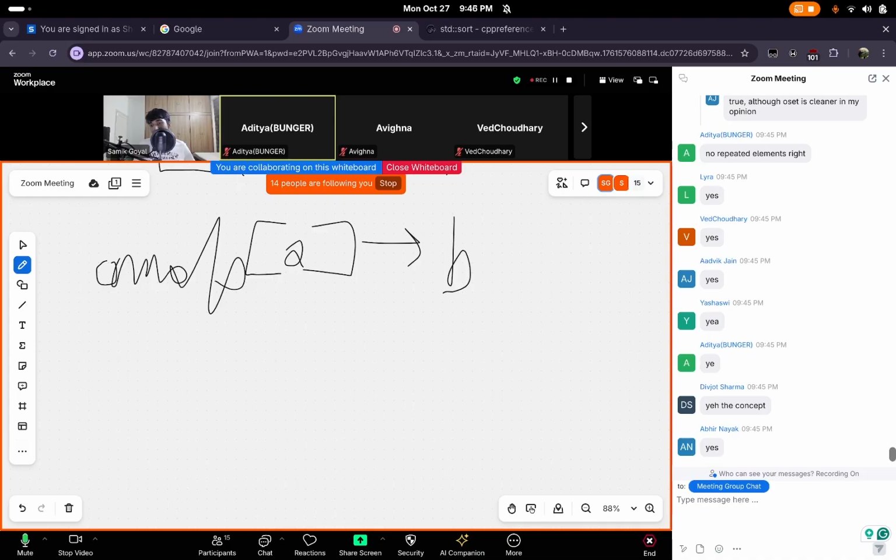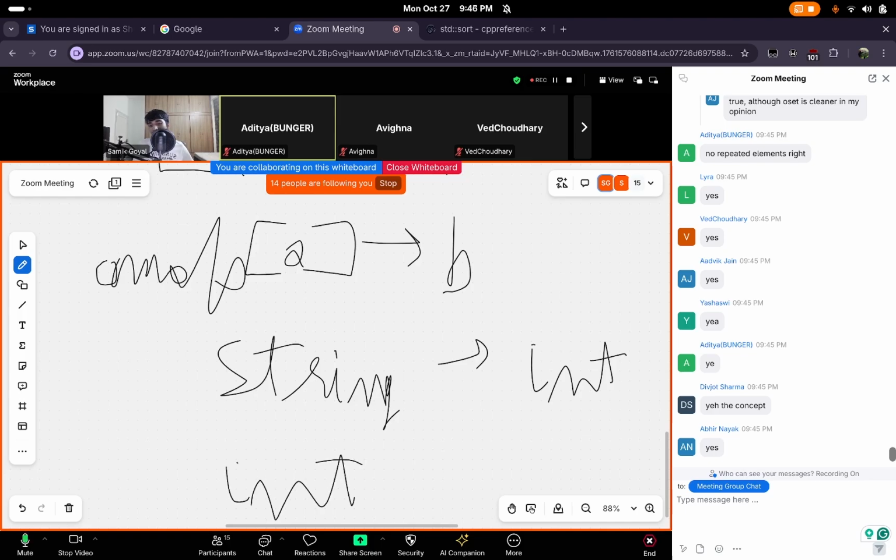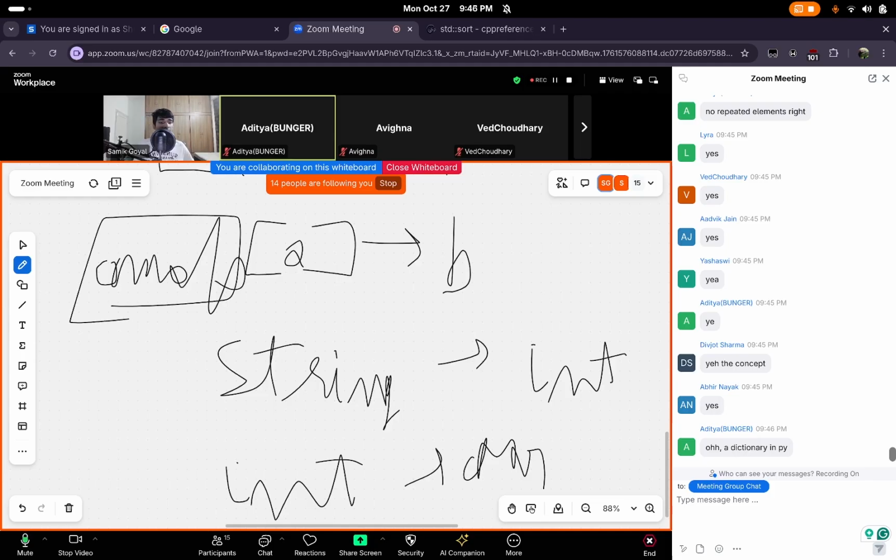Like I can map strings to say integers. I can create a map from integers to characters, and a map will just do that. Yes, it is a dictionary. Yes, exactly.